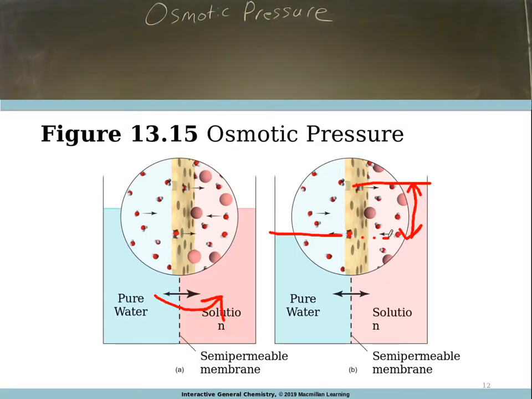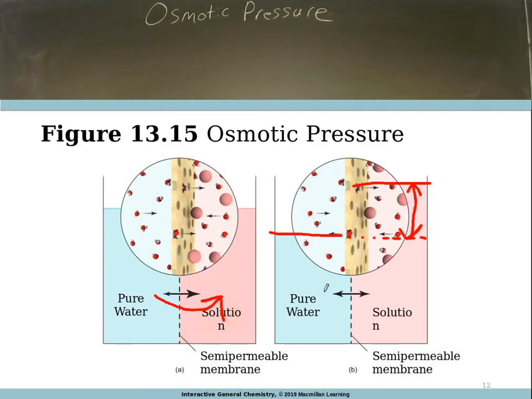And the hydrostatic water pressure generated by that extra column of water is what we call osmotic pressure.